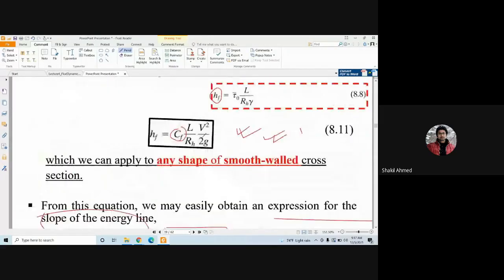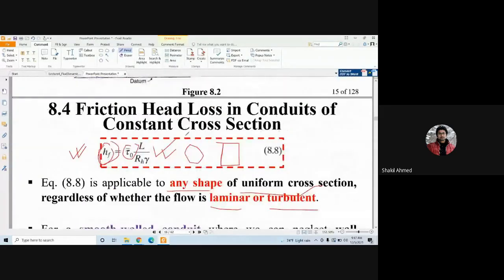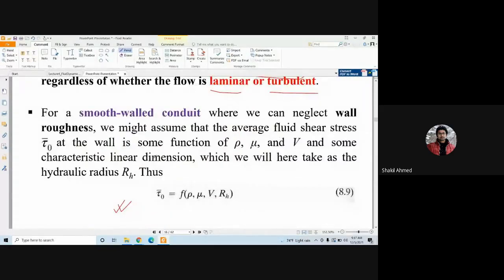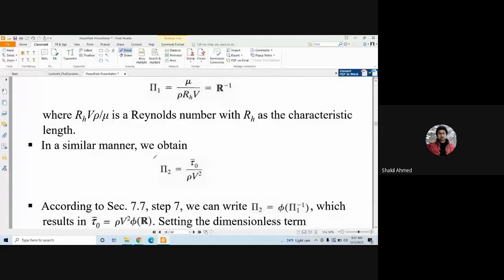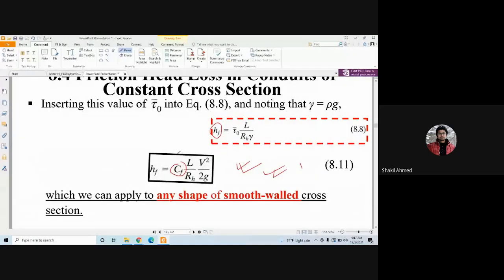Did you see one thing, that previously in this equation we had this, right? Then we replaced that shear stress with a factor. Did you see here? This shear stress has been replaced with a factor, and with other terms.